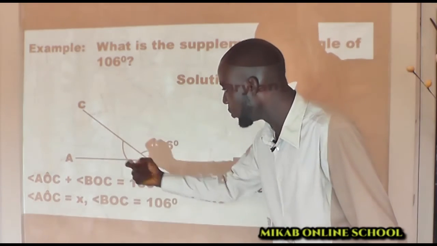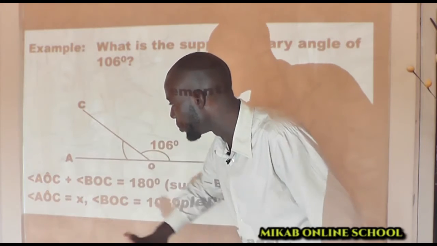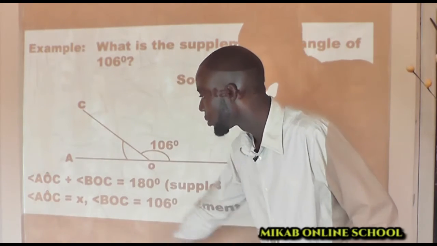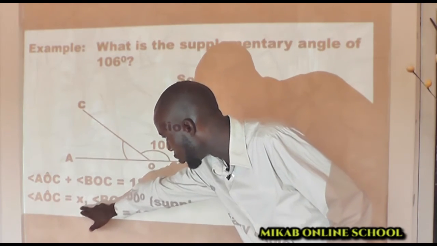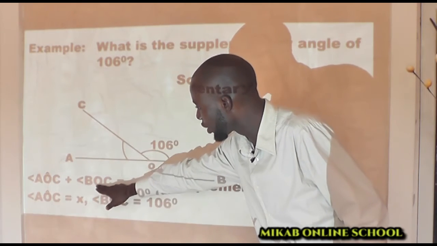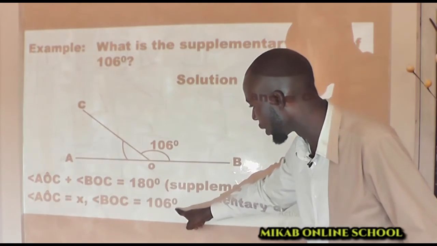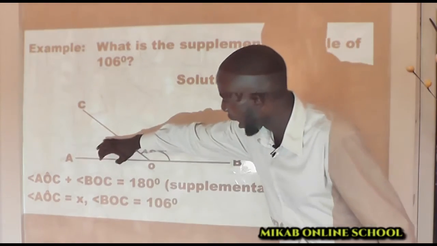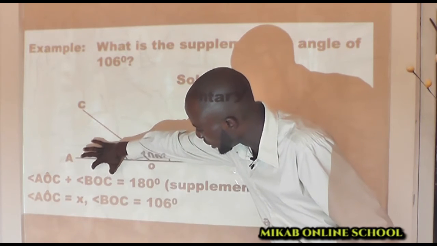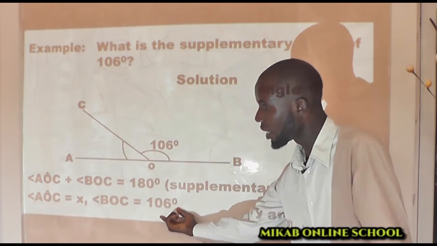And if you now represent this angle AOC to be any arbitrary value, precisely we choose X. And in the case of angle BOC, which is 106 degrees, we are going to remove this from this equation and put 106 there.